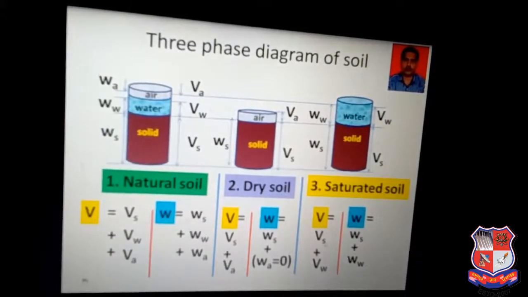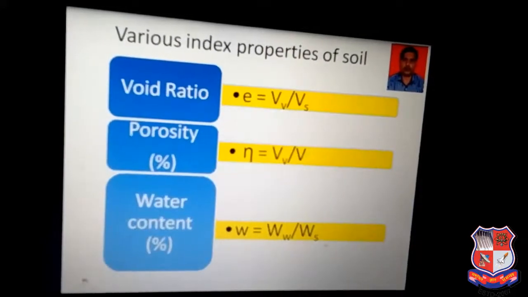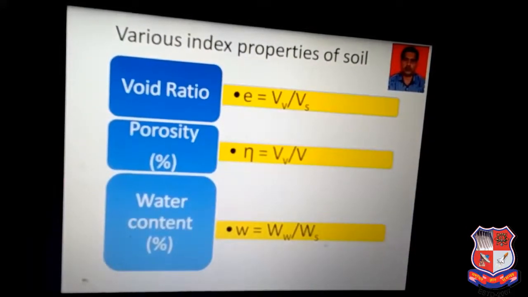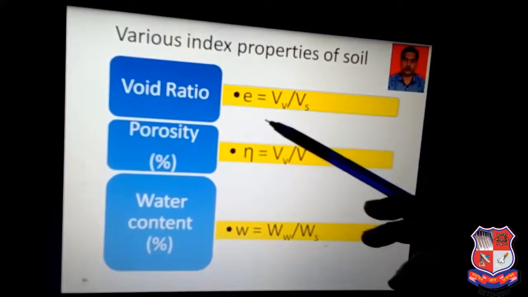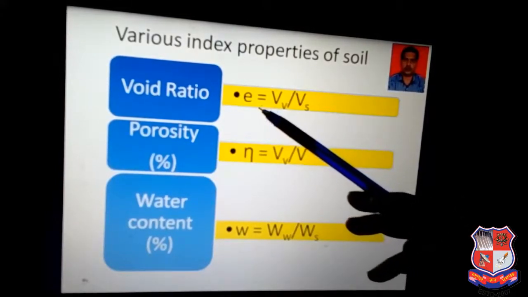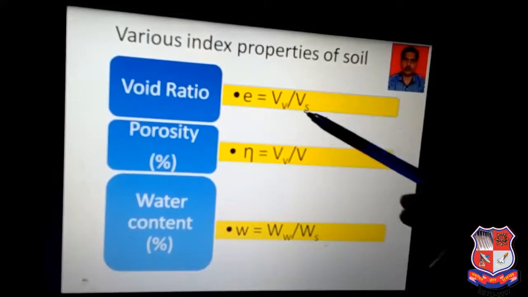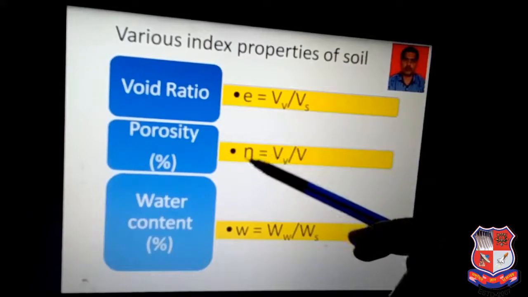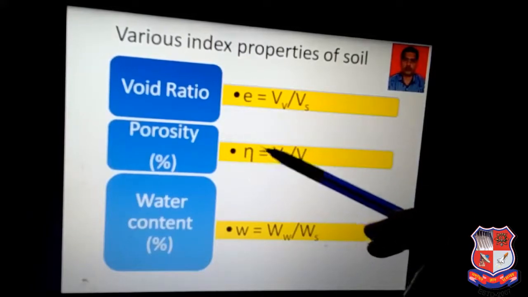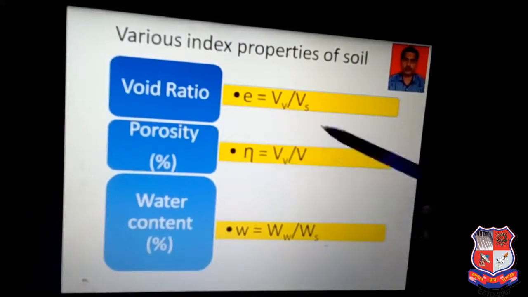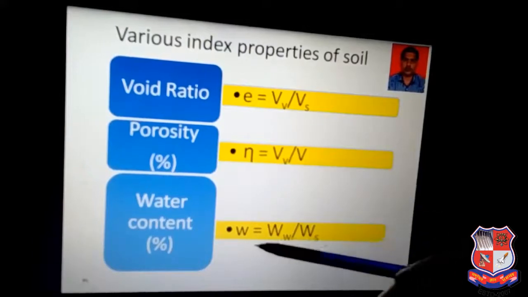Now by using various volume and weight quantities, we can define many index properties in soil. The first one here is void ratio, denoted as small e, a ratio of volume of voids and volume of solids. Porosity, denoted as small n, or you can say eta, a ratio of volume of voids and total volume.